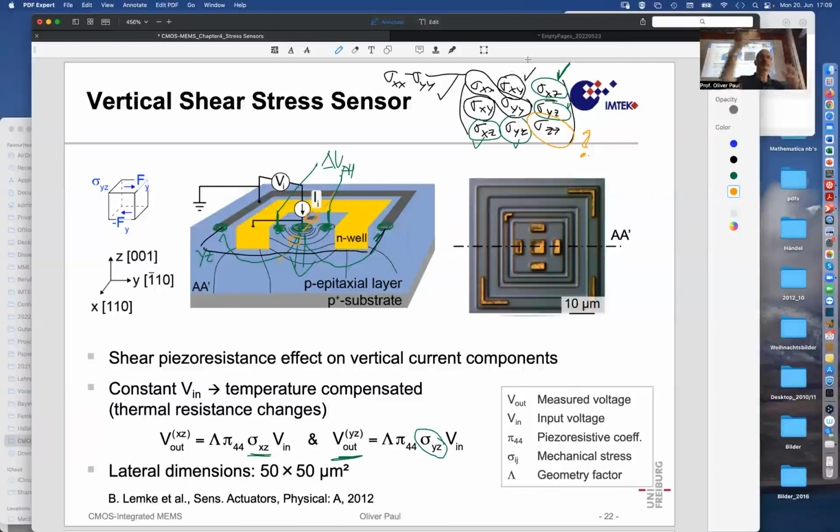It's also a combination of two longitudinal stresses. So that's just a shear stress under 45 degrees. We can measure shear stress with these sensors and in these Wheatstone bridges. And if you would like to measure the stresses independently, well, I guess you are in trouble, unfortunately.